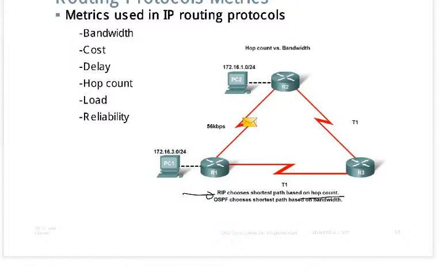So RIP uses the simplest one. Hop count is the metric. Whereas OSPF chooses the shortest path based on the bandwidth. Okay? And for example, EIGRP uses bandwidth, delay, load, and reliability, a combination of all these. So we'll talk about all these things later.